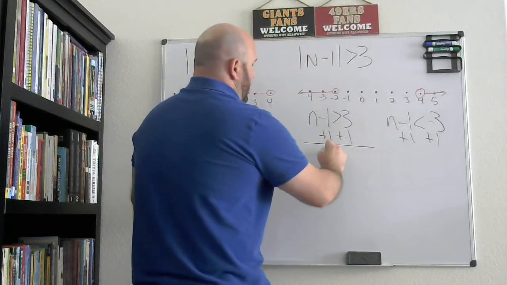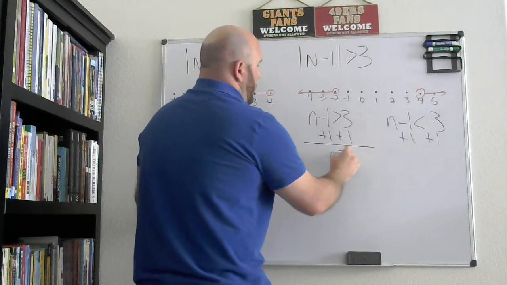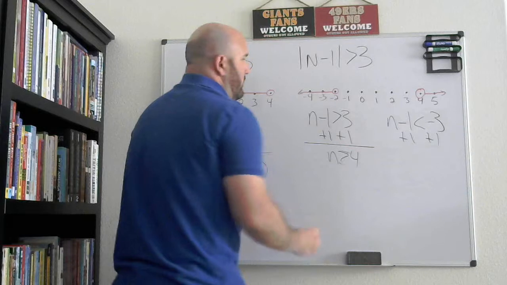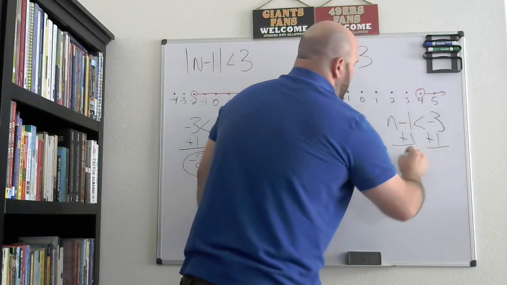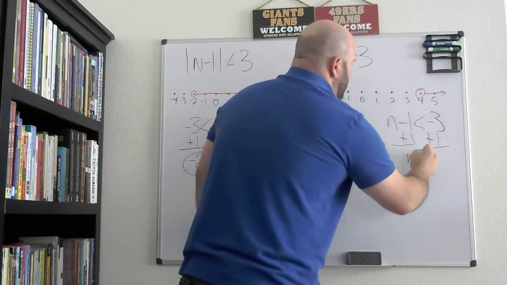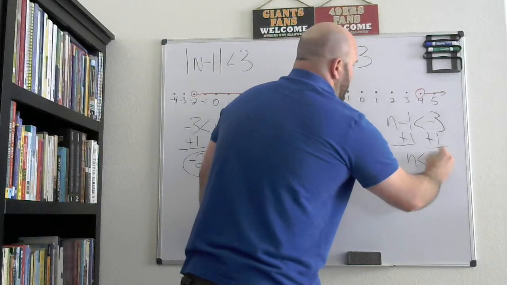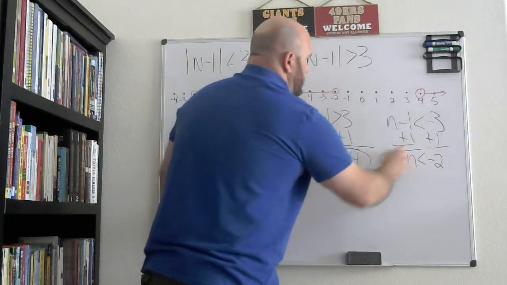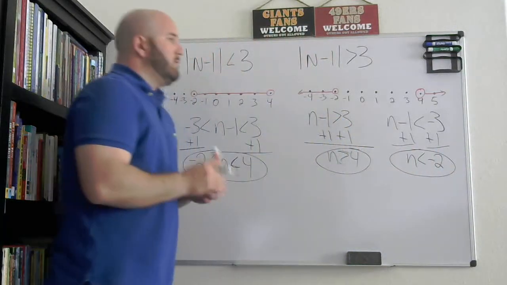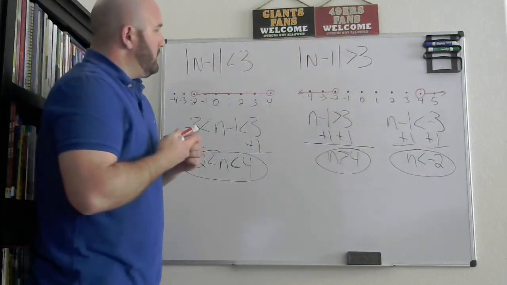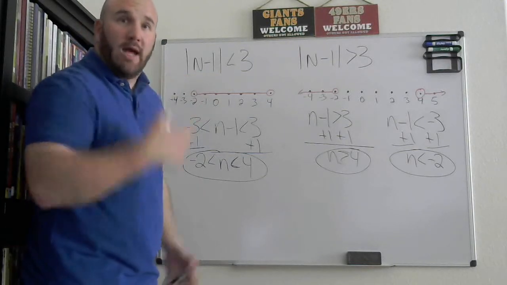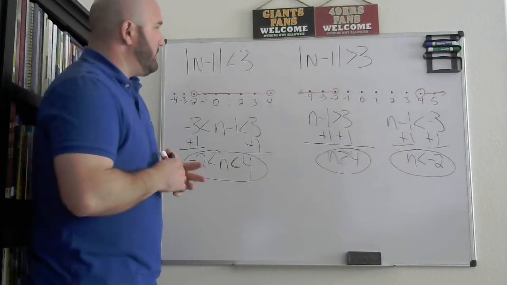Now we have n is greater than 4 and n is less than -2. And these are our two solutions to an inequality. Because remember, any absolute value equation is going to have two solutions. We talked about that earlier.